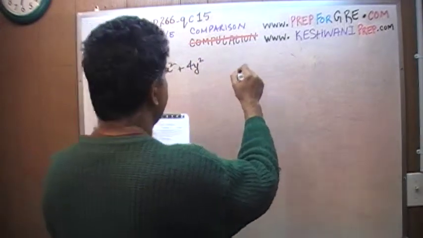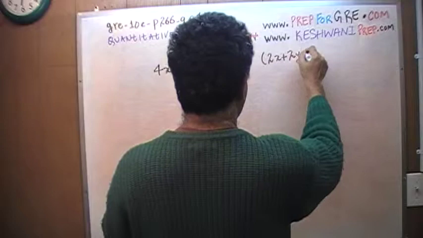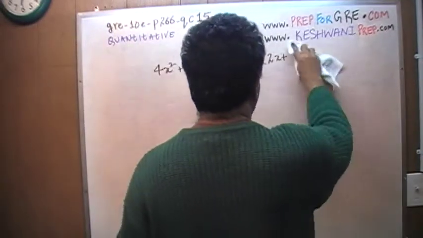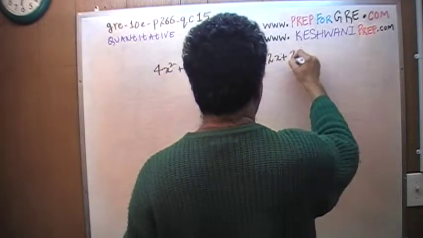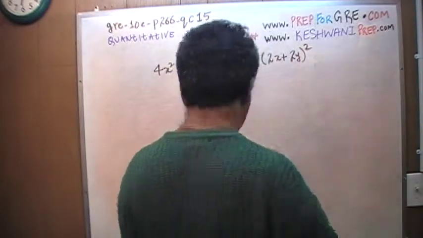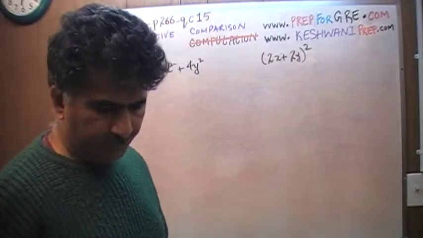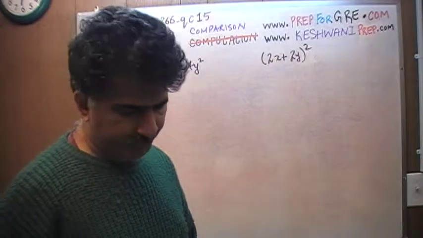In the second column they give us another quantity, and that's all. And they want you to compare the two quantities.